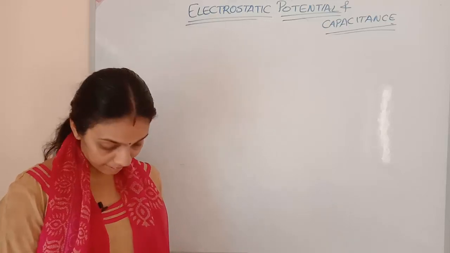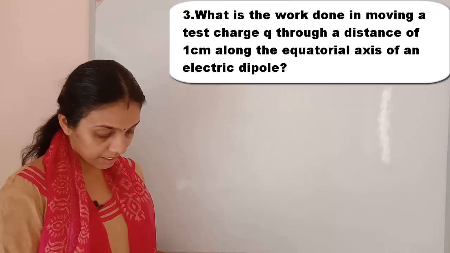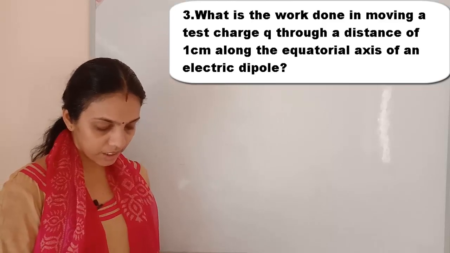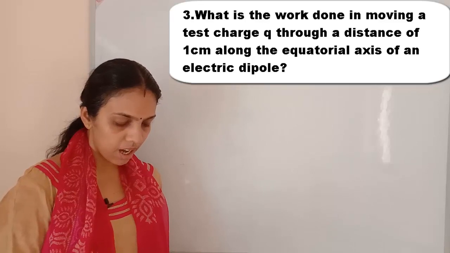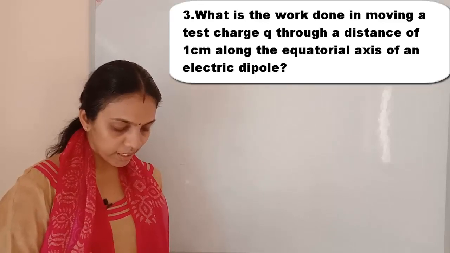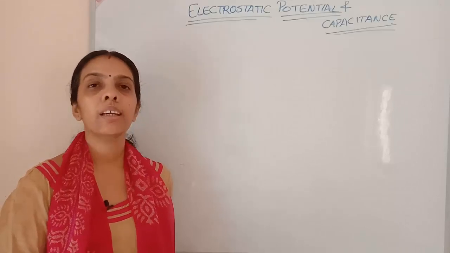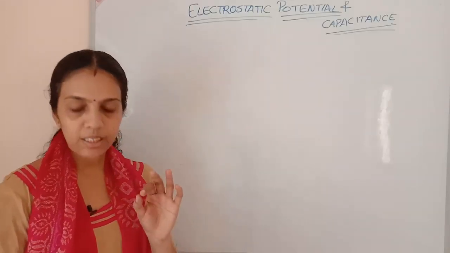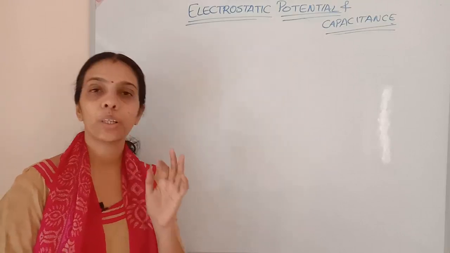The next one: what is the work done in moving a test charge Q through a distance of 1 centimeter along the equatorial axis of an electric dipole? Consider a dipole with minus q and plus q, and a point at a distance of 1 centimeter exactly on the equatorial line.